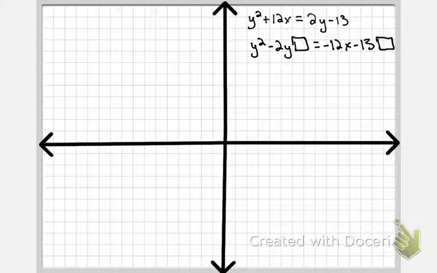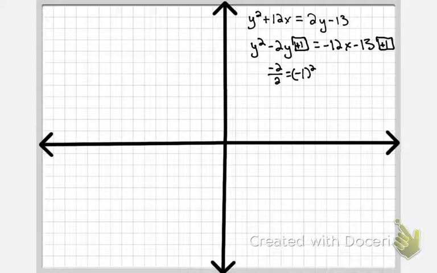So at this point I need to do completing the square. So I'll take -2 divided by 2, which gives me -1. Square it, I get +1, and I get +1.